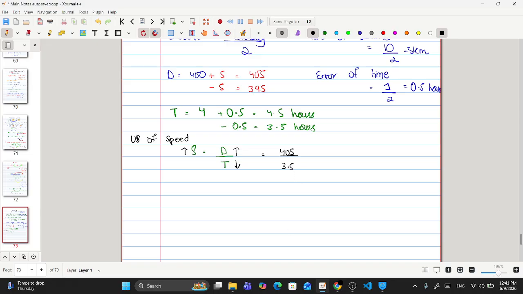That would be 405 divided by 3.5, which is 115.714. What does 115.7 represent? It represents the maximum possible speed.